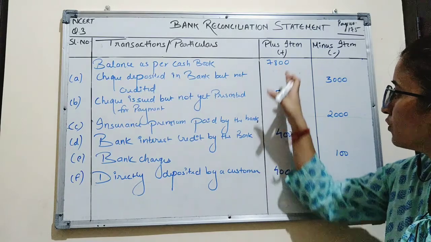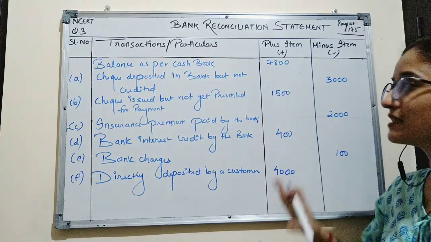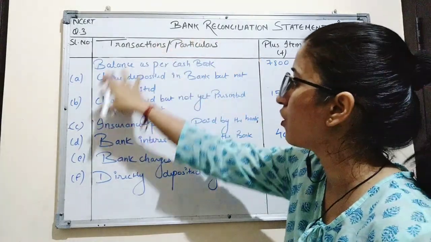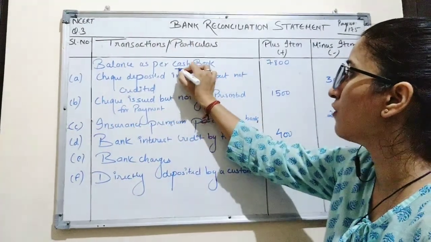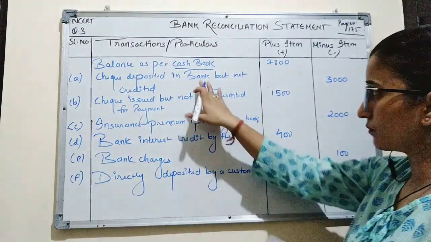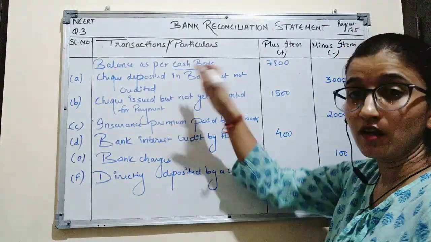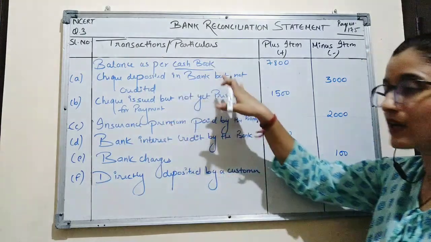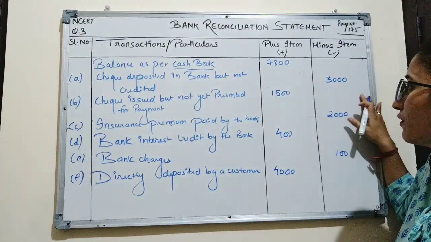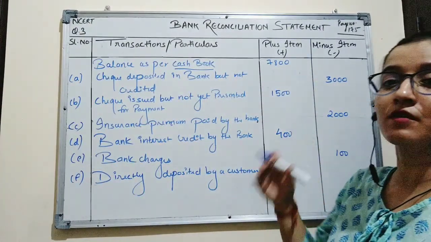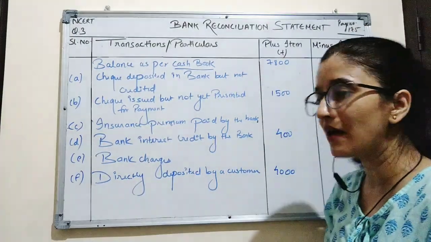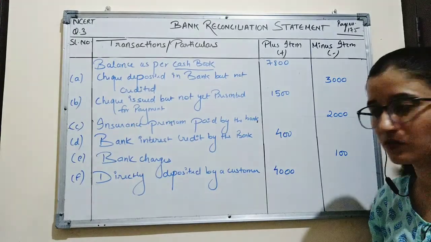So here is how you have to record the amount to reconcile the balance. First of all, we have to record all the transactions from the perspective of the cash book only. If the cash book is showing a credit balance or a decreased balance, to reconcile that balance we will increase that amount, and if the cash book is showing an increased balance, to reconcile that balance we will decrease that amount.